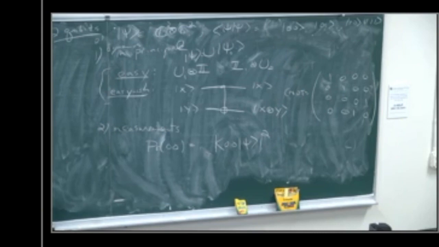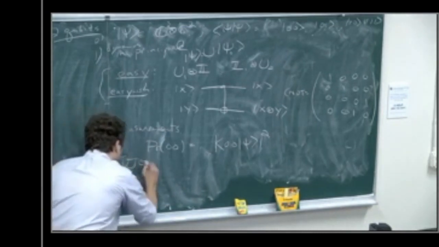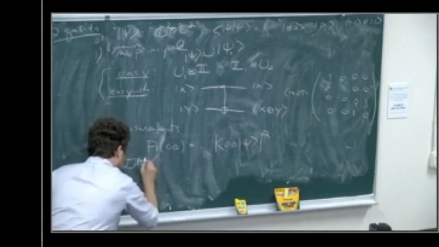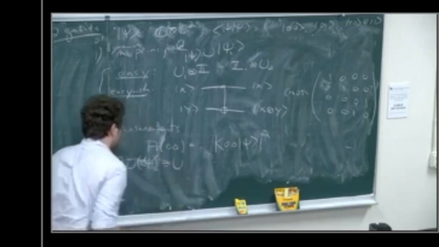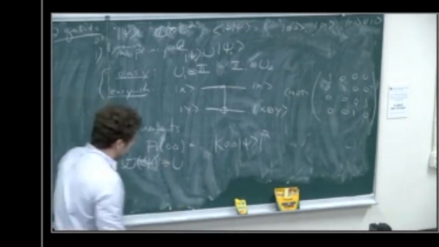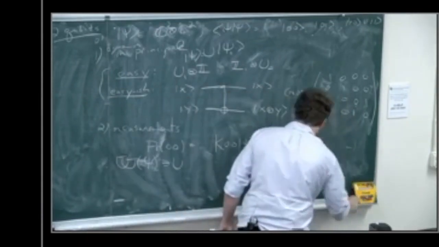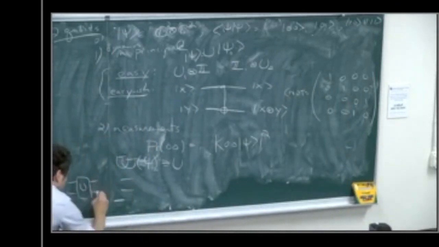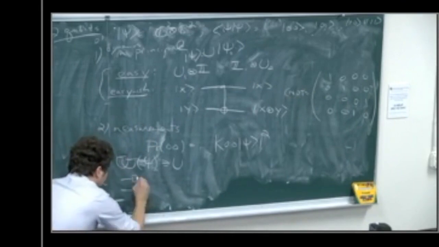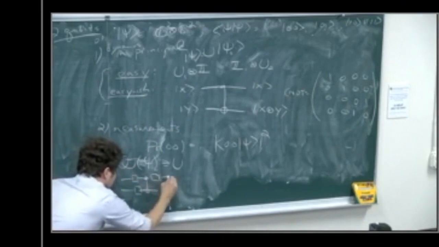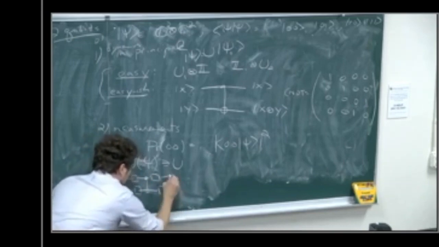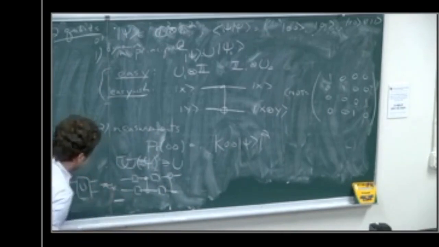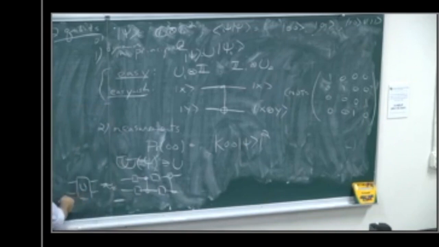By which I mean, if I take any 4x4 unitary U, I can always, given some epsilon, find some sequence of 1 qubit and C0 gates so that, well, it's not exactly equal, but up to any epsilon I choose, I can get as close as I like to the target unitary I have.